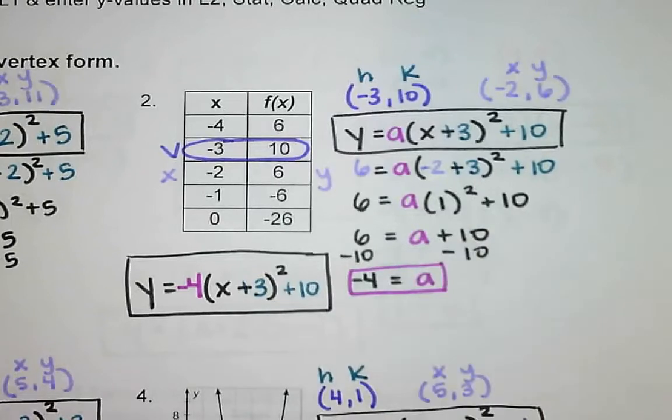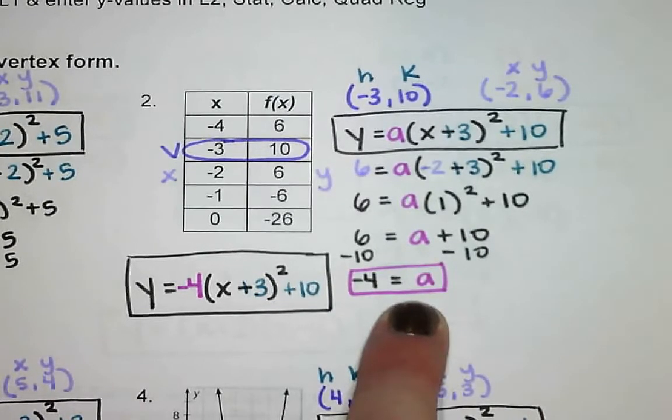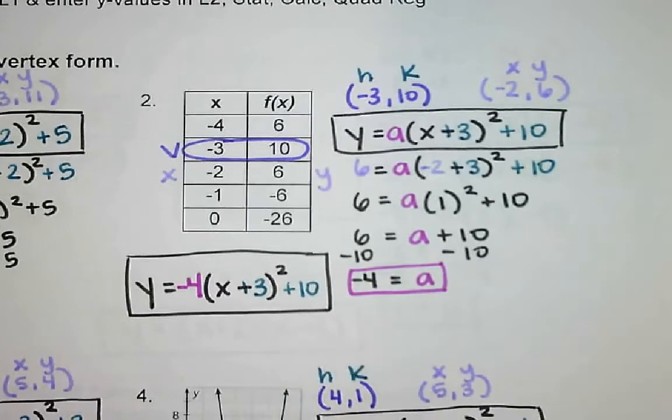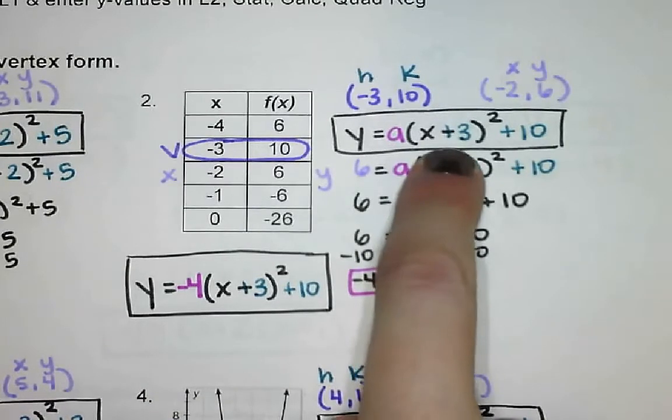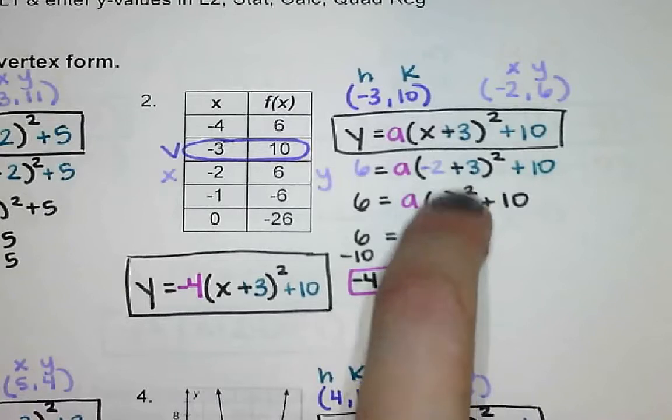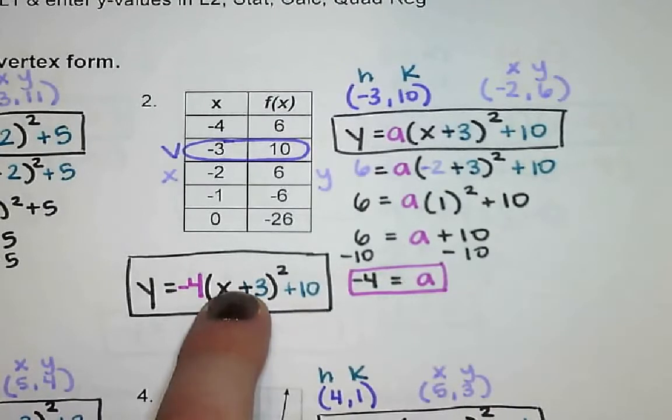So in this case, my a value was negative 4. The most common mistake I saw is we weren't picking either the correct vertex or we didn't make that x plus 3, right?